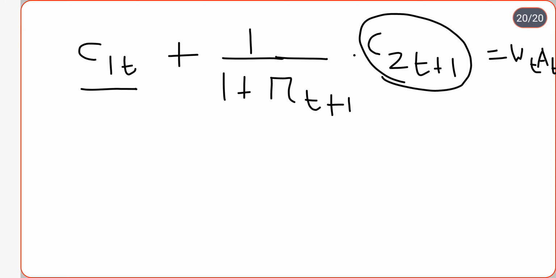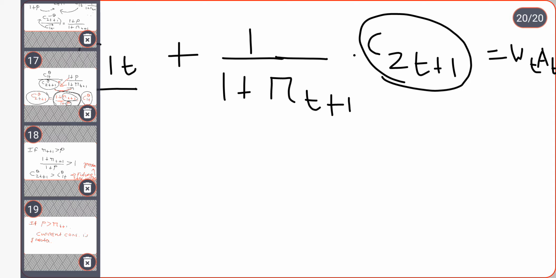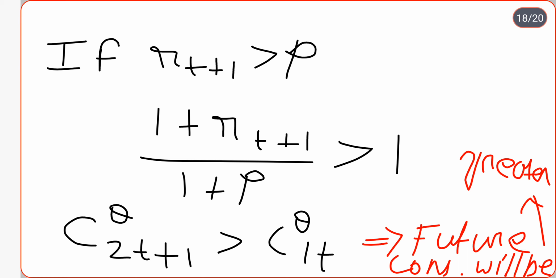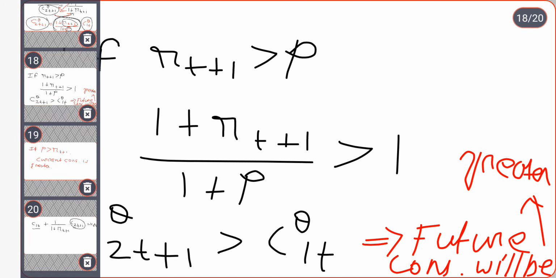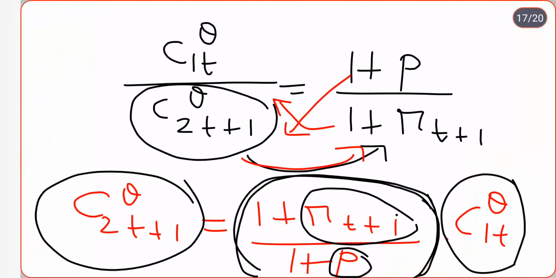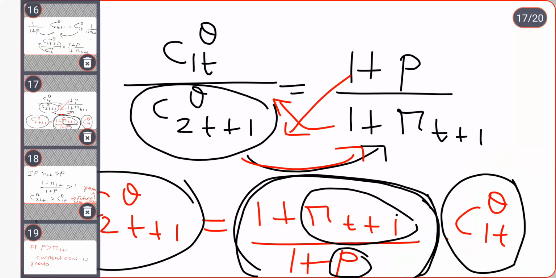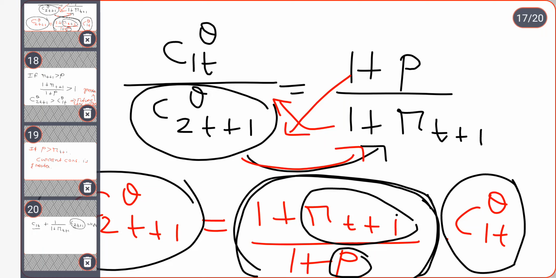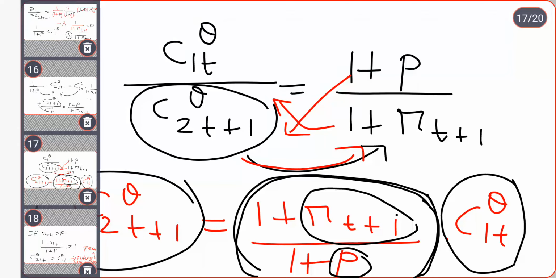Now we know the value of c2t plus 1, right? So what is the value of c2t plus 1? We know that the value of c2t plus 1 is determined here, and it is c2t plus 1 to the power theta. Now here we need only c2t plus 1, we don't need this theta.